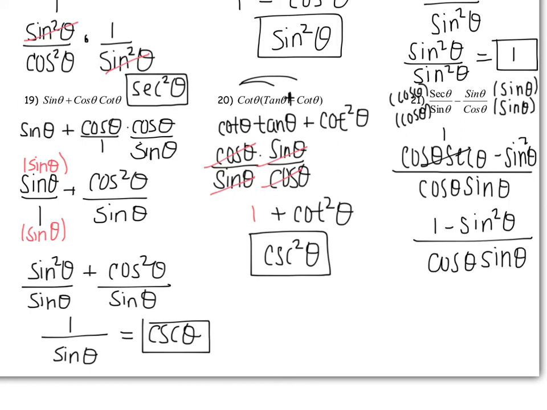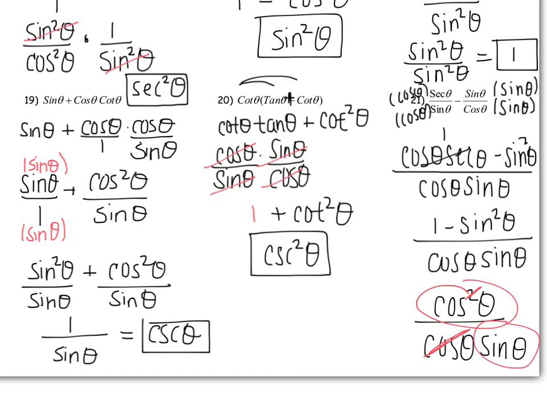And the top, 1 minus sine squared, will give us cosine squared, all over cos theta sine theta. Okay, so I can cross off one of these coses on top with one cos on bottom. So the final answer is cosine over sine, which is cotangent theta.